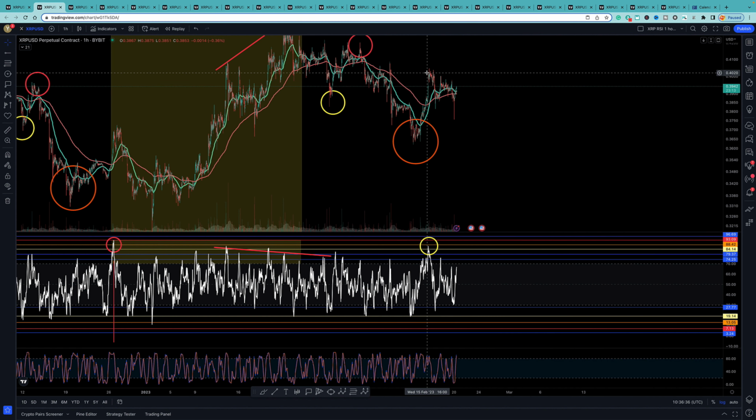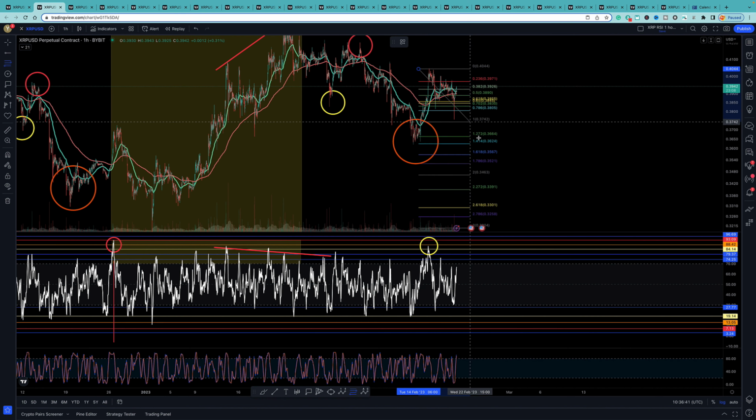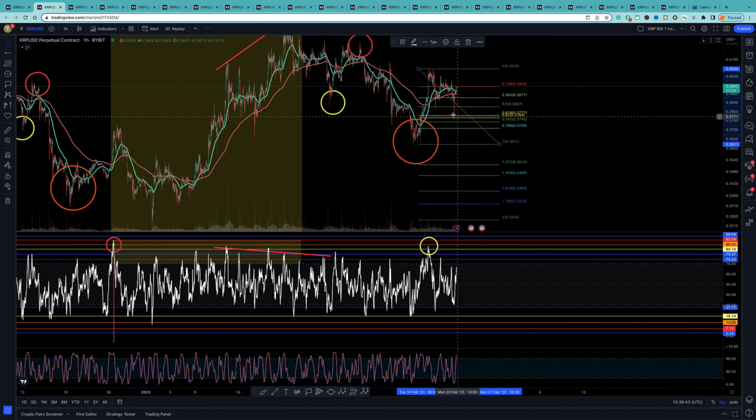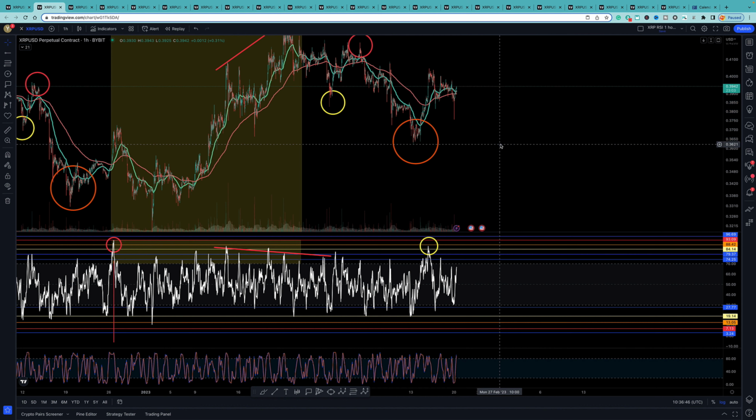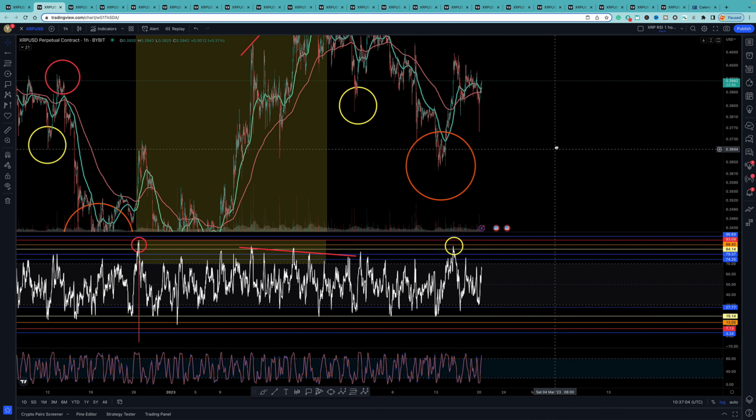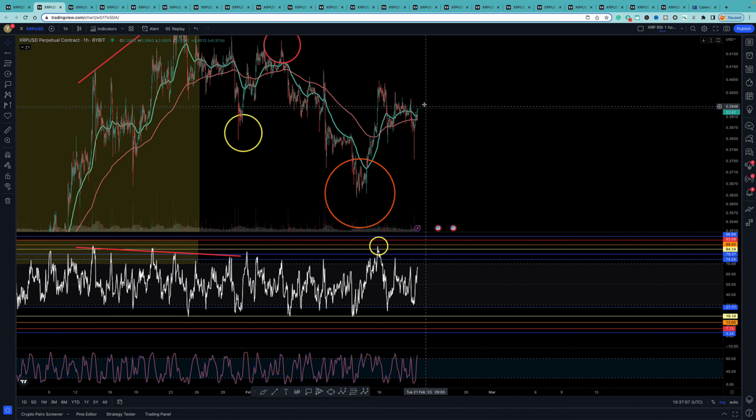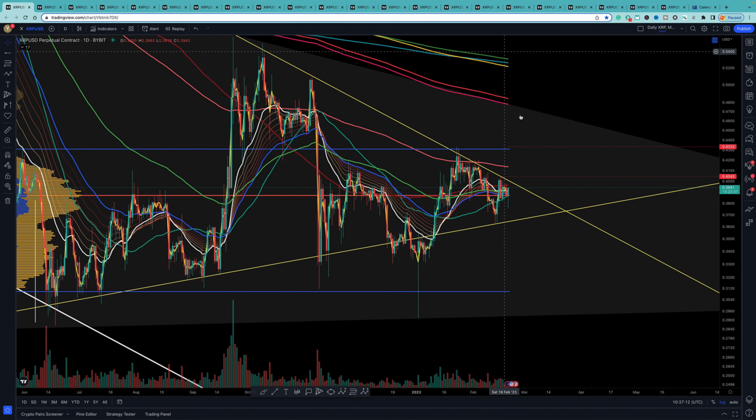It did a 1, 2, 3, an ABC, and again you can see it came down to the golden pocket so far, and the 50 didn't cross over the 200. You can see the 50 is resisting crossing over the 200, yeah, here. So potentially, maybe this is where the pattern breaks, and we have a proper breakout.